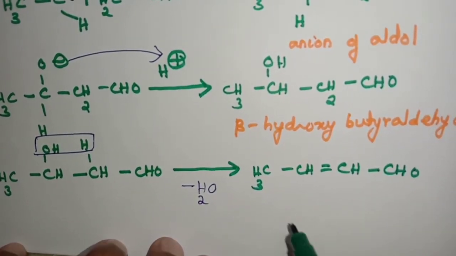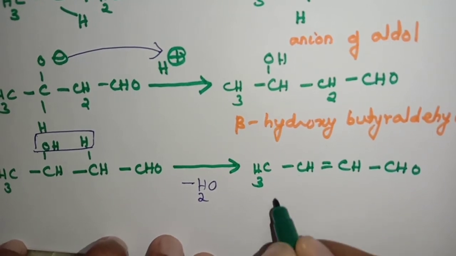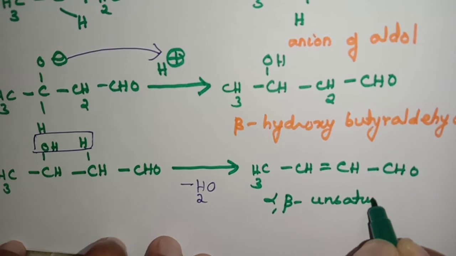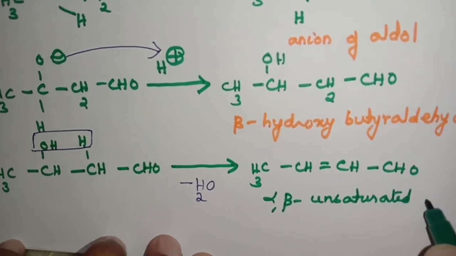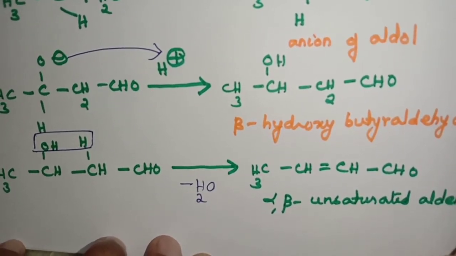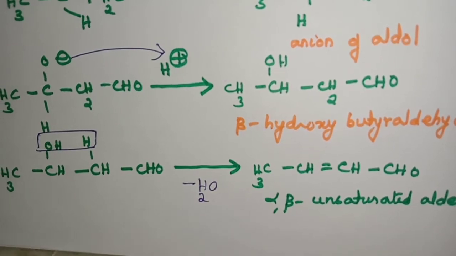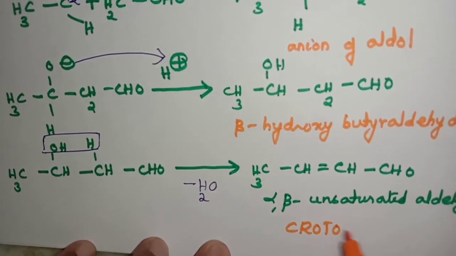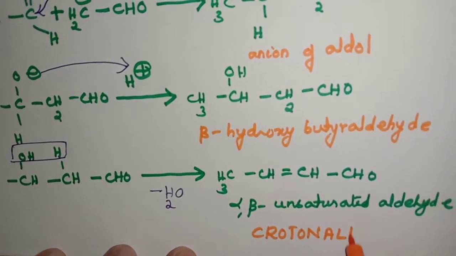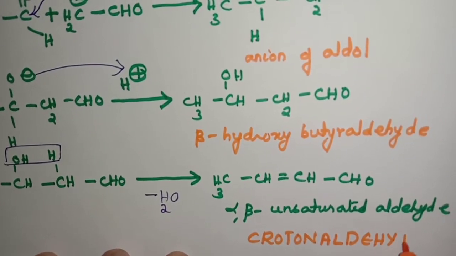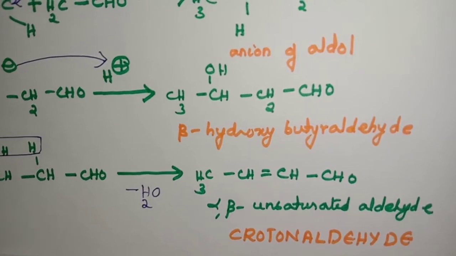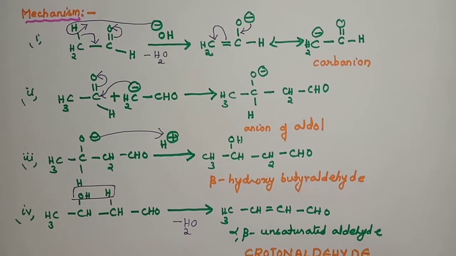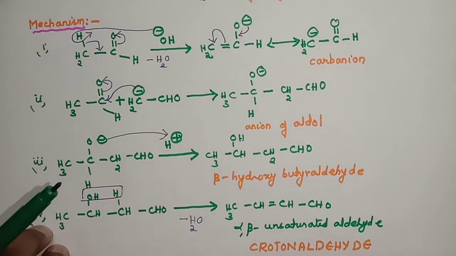This is called an alpha beta unsaturated aldehyde. We can name it as crotonaldehyde. Okay. So this is aldol condensation when we have taken two molecules of acetaldehyde.